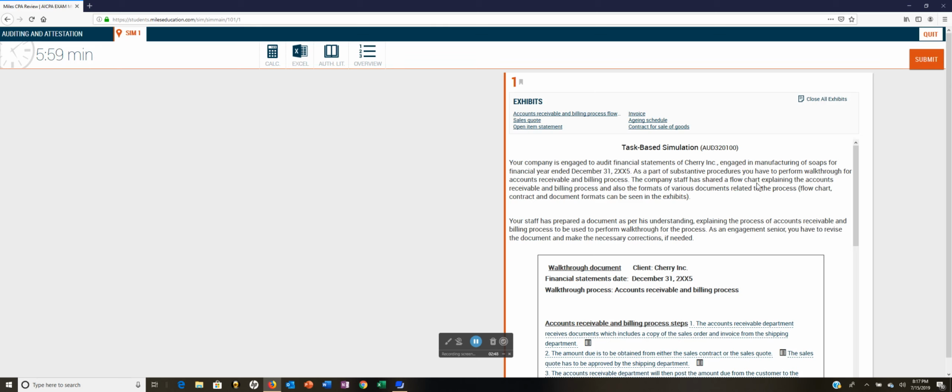The company staff has shared a flowchart explaining the accounts receivable and billing process, and also the formats of various documents related to the process. Your staff has prepared a document as per their understanding, explaining the process to be used to perform the walkthrough. As an engagement senior, you will have to revise the document and make necessary corrections if needed.